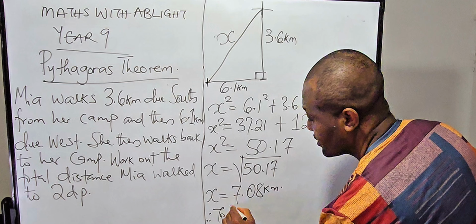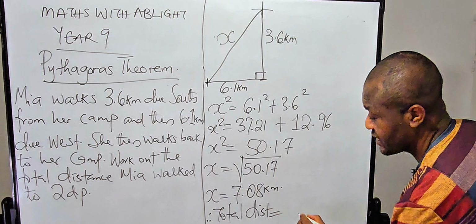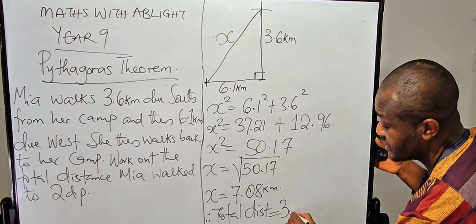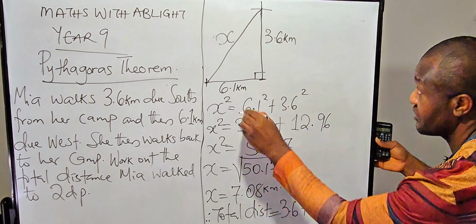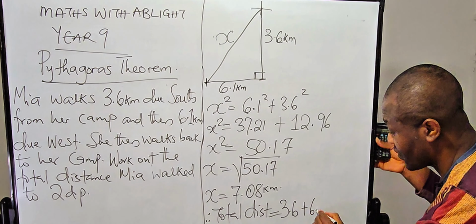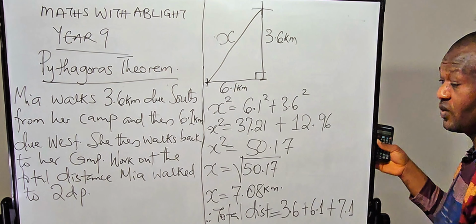Therefore, the total distance she has covered is 3.6. Convert this one to 1 decimal place this time around, because everything is in 1 decimal place, plus 6.1 plus 7.1 to 1 dp.